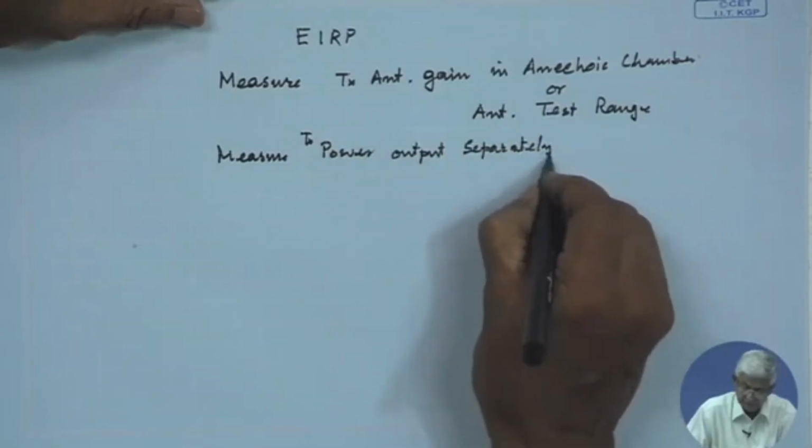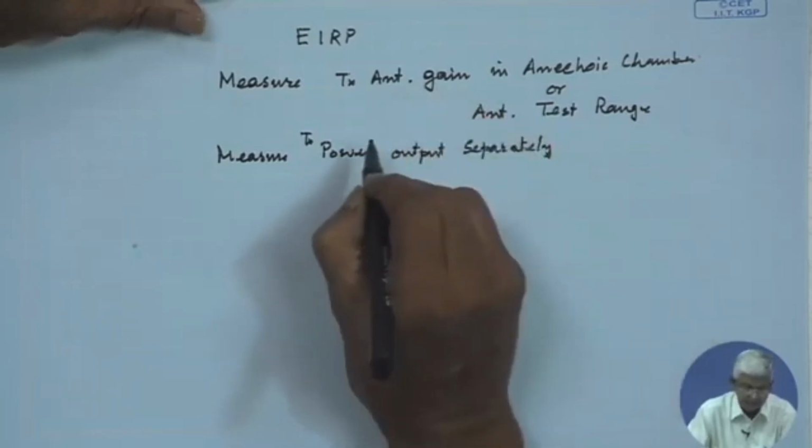Multiply these two, you will get the EIRP.